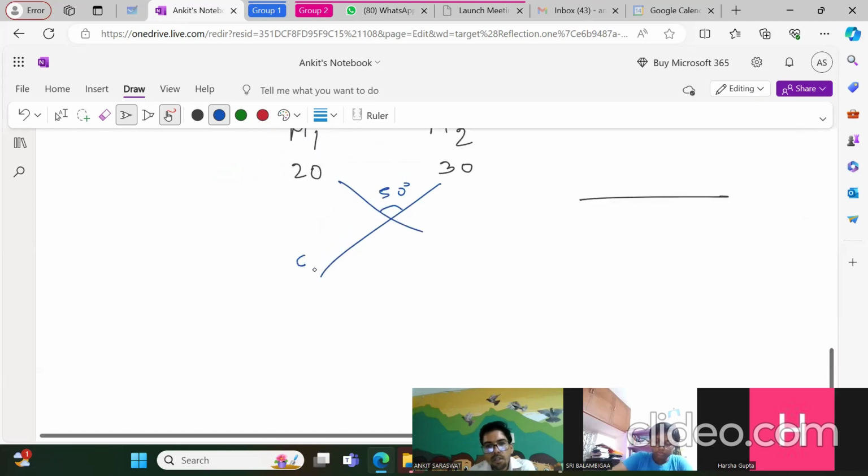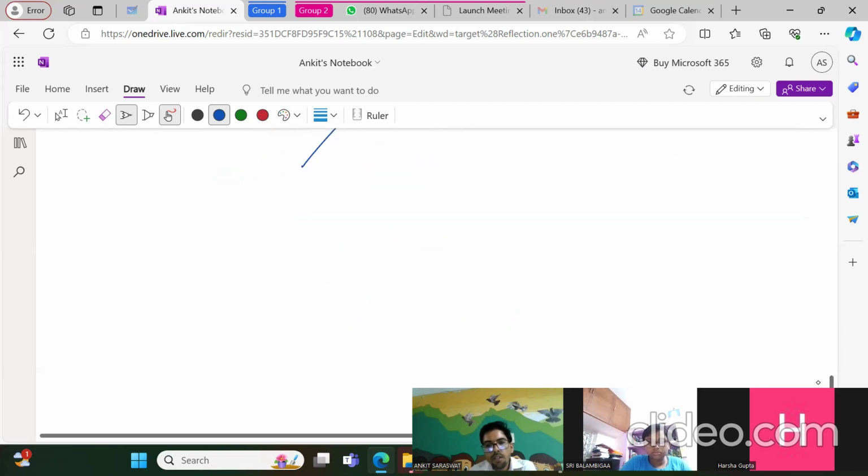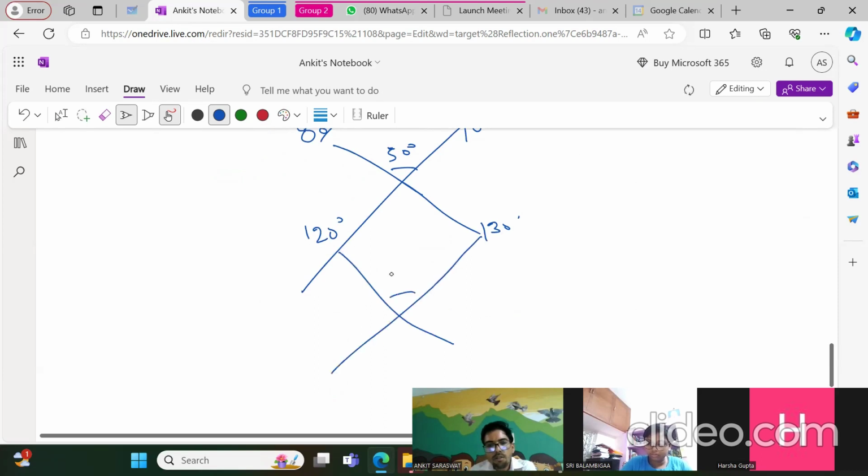This is 80. Then take the criss-cross. 50. This is 120, 130. Again take the criss-cross. 50. This is 170. This is 180.